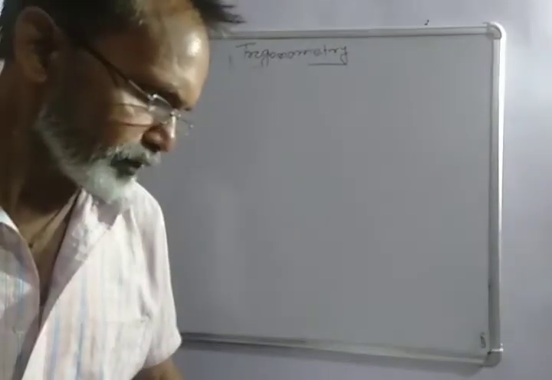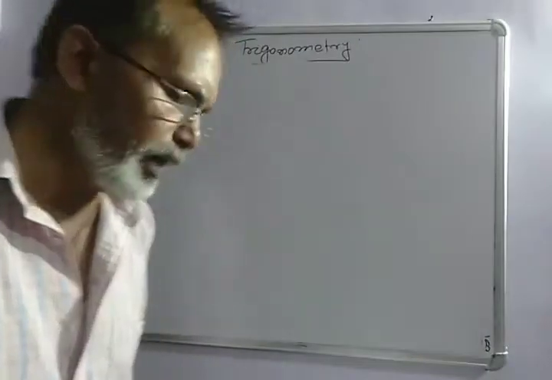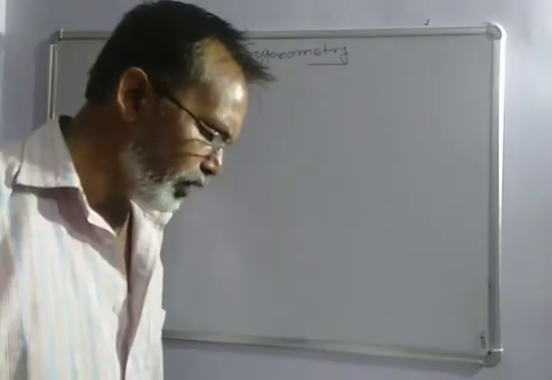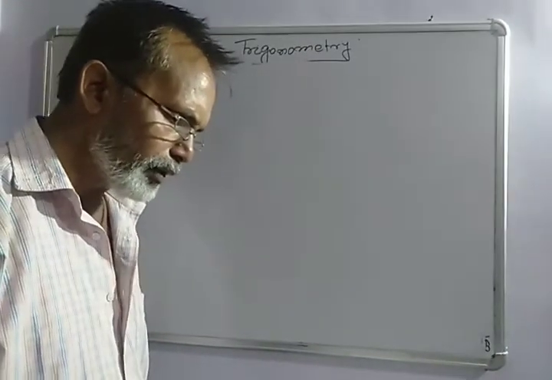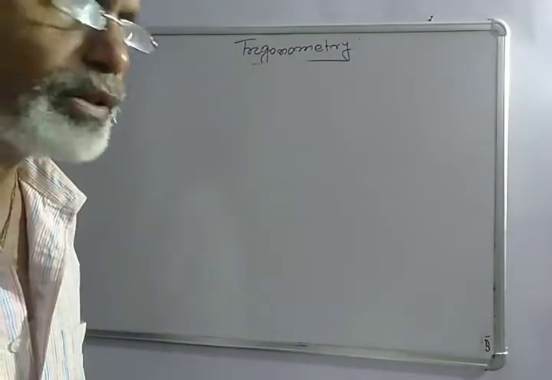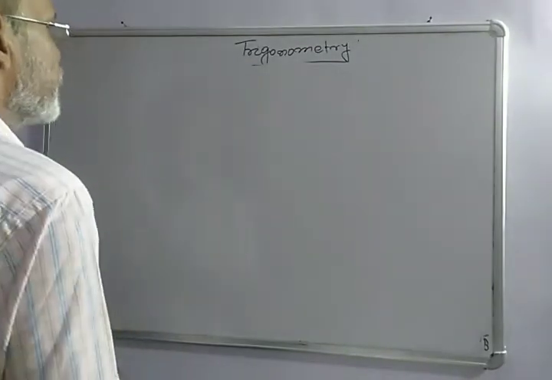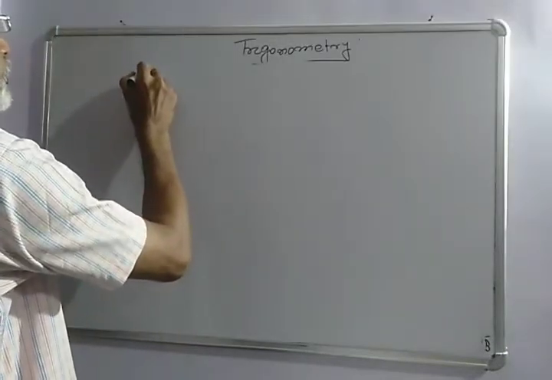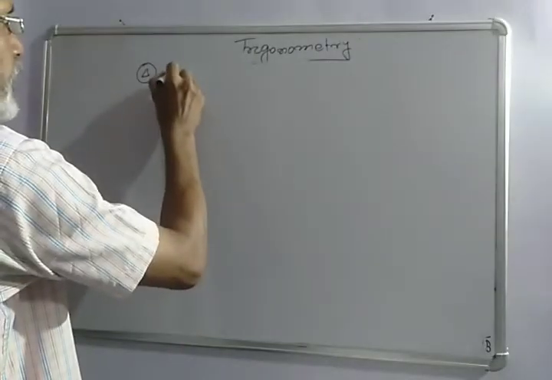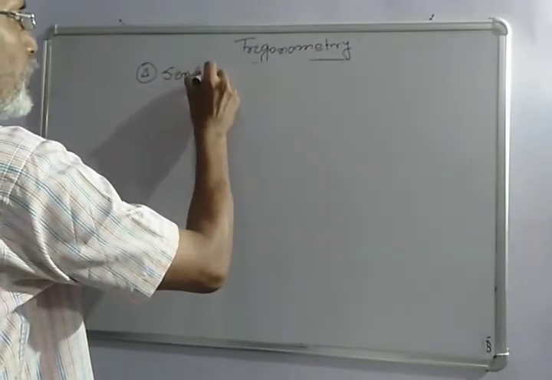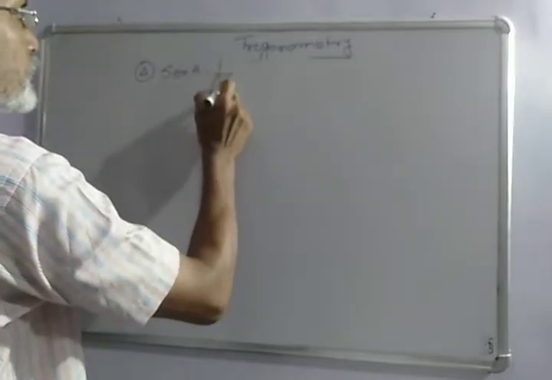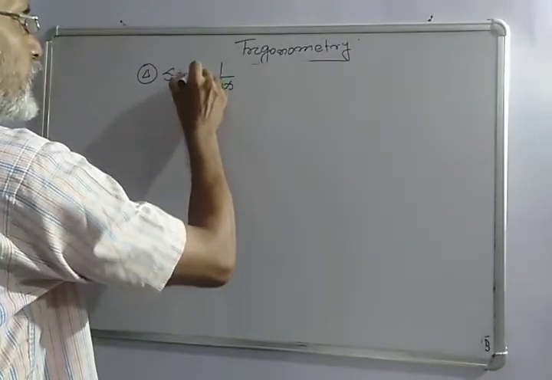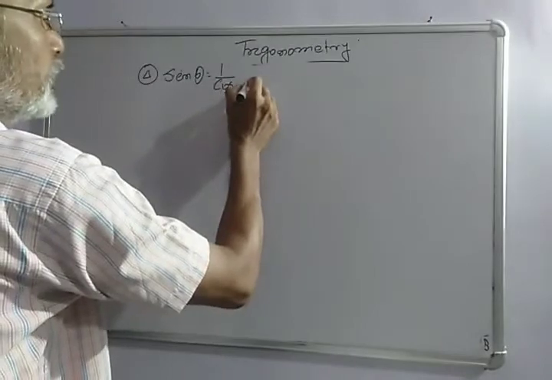Next, the fourth set of formulas which I have given you on the board previously: sin A is equal to 1 by cosec A, and cosec A is equal to 1 by sin A. Number 1, sin theta is equal to 1 by cosec theta.